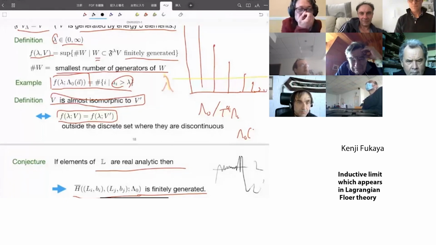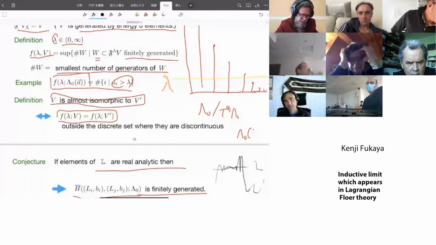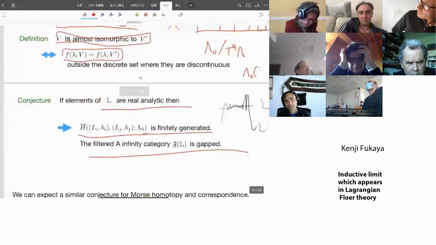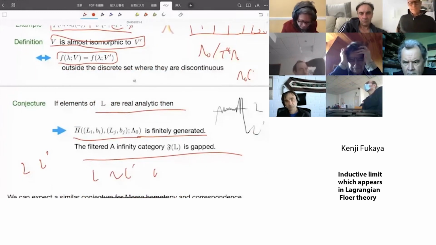You found it? Yeah. So this algebraic distance is a spectral distance. I see. Yeah, I want to understand it. And also this relation to Villain-Cornet's work is very natural. You have these two Lagrangian submanifolds, and suppose that there is a Lagrangian cobordism.